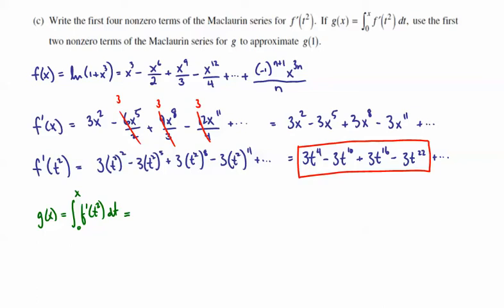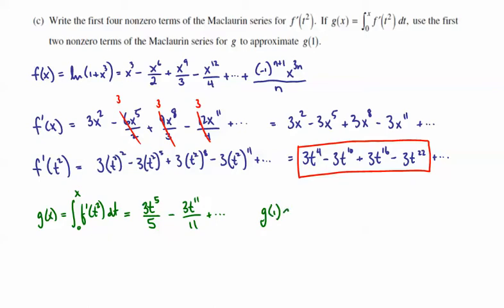G is just going to be the term-by-term integral then of the function that we just found for f prime of t squared. So that would be 3t to the 5th over 5 minus 3t to the 11th over 11, and it goes on. We only want to use the first two non-zero terms of that to approximate.